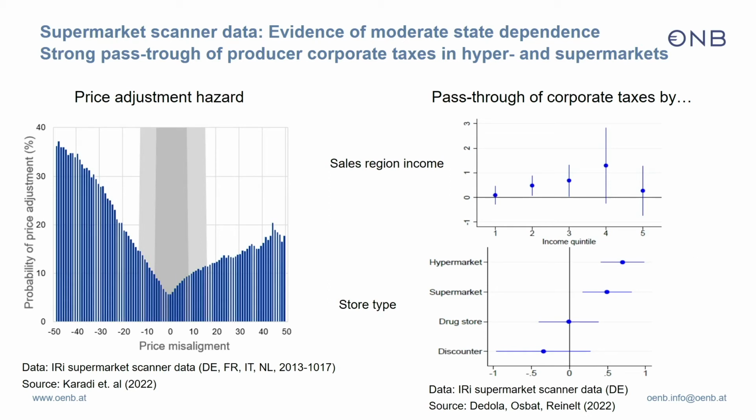Price misalignment is measured as the deviation of the price from the average price of that particular good in that country at that particular time. And the further away it is, the more likely it is that the prices are changed, which is a clear sign of state dependence. Also interesting to see here, it's asymmetric. Prices that are too low have a much higher probability of being changed than prices that are too high.